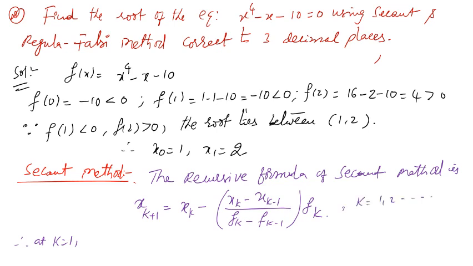For k equals 1, what is x2 equal to? x1 minus (x1 minus x0) by (f1 minus f0) into f1.